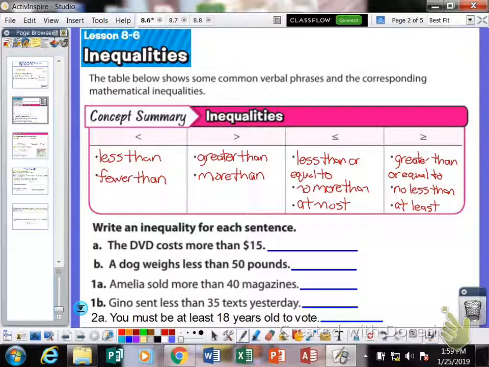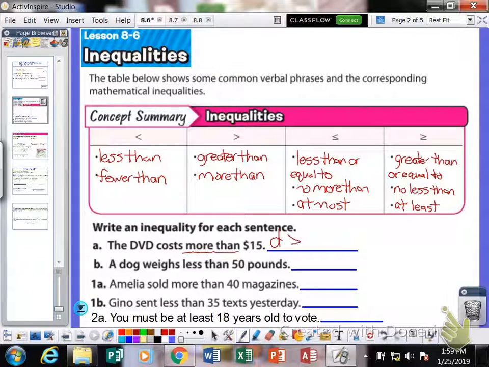We have write an inequality for each sentence. The DVD costs more than $15. We want to write an inequality, so I'm just going to use a variable here. We'll say D, since we're talking about DVDs. It costs more than $15.